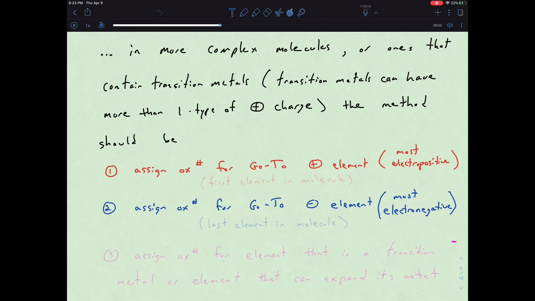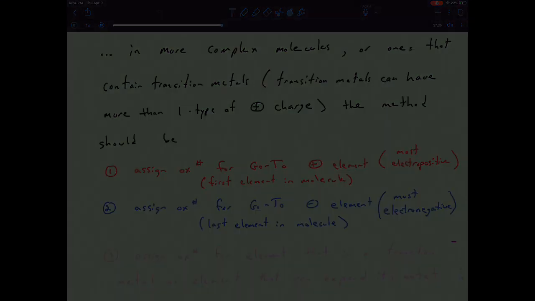And if we think about our molecular structure, the positive is always the first element in the molecule for that most electropositive, and for most electronegative, that's going to be usually our last element in the molecule. There are some exceptions, but for the most part, that's how we see it.